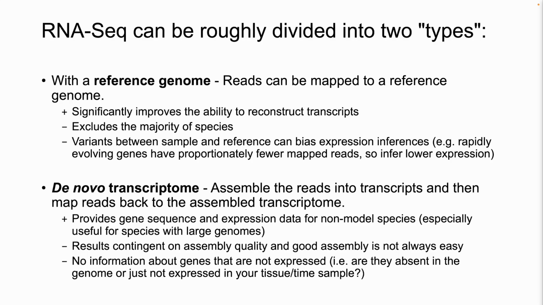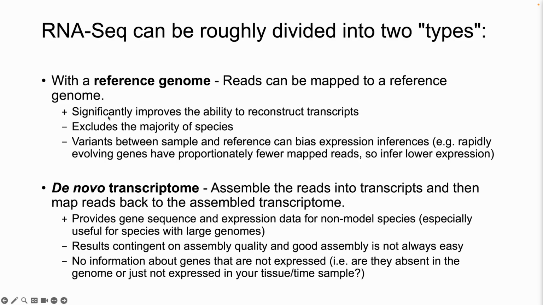Or you can assemble a de novo transcriptome. So this is where you would take all the reads from your samples and try to assemble those into what the transcripts originally looked like. And because we're dealing with Illumina again, short read assembly is a challenge.